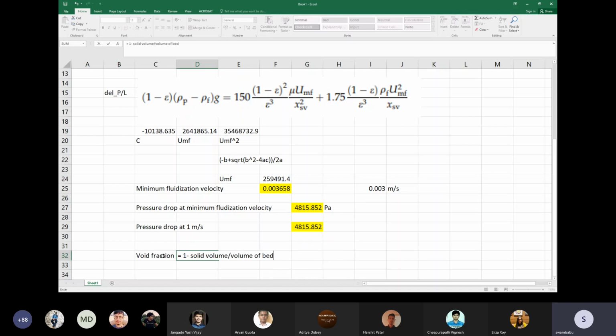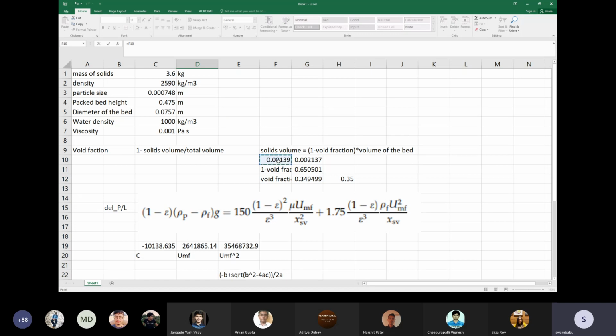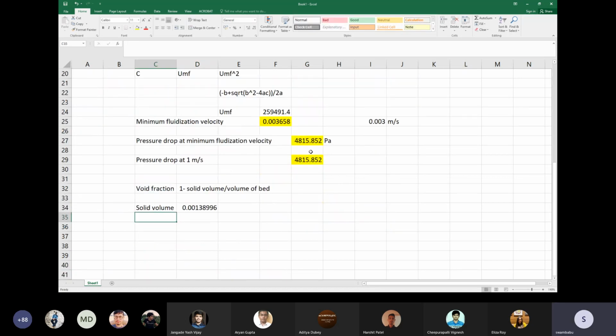So the solid volume remains the same because the particles did not change, right? The particles did not change. The solid volume will remain the same. So here we calculate the solid volume, and now we have to calculate the volume of the bed.